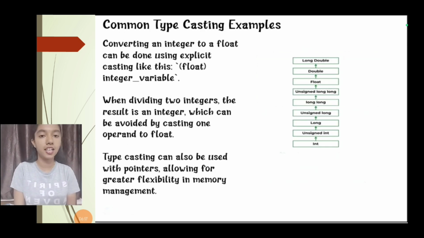Common typecasting examples. Converting an integer to a float can be done using explicit casting. When dividing two integers, the result is an integer, which can be avoided by casting one operand to float. Typecasting can also be used with pointers, allowing for greater flexibility in memory management.